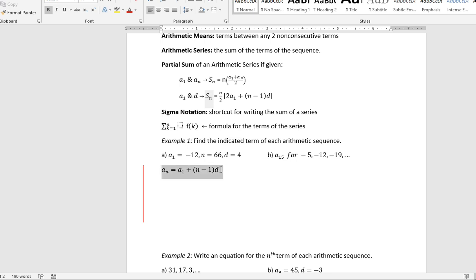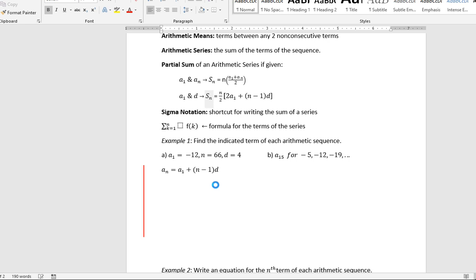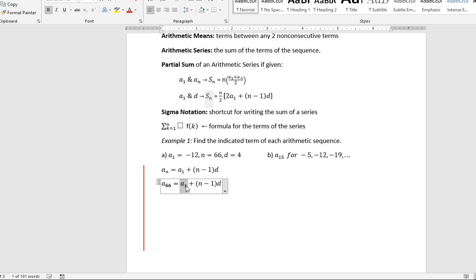So we'll take this same thing and we will fill in what we know. So a sub n, what is my n? I'm going to write a sub 66 because I want the 66th term. A sub 1 is going to be negative 12. N is 66. And D is 4. So you literally just fill in what you are going to use.